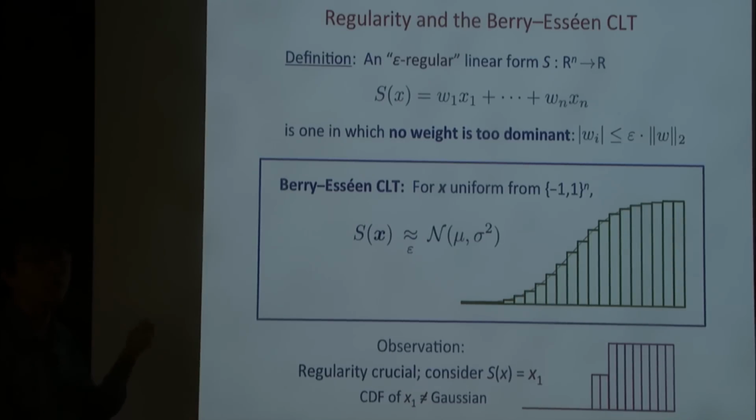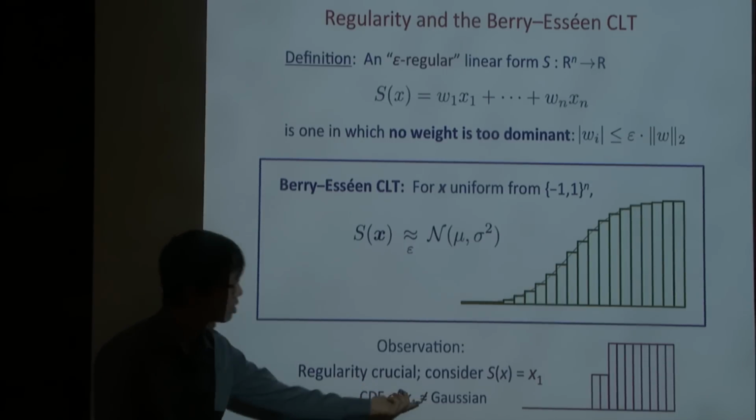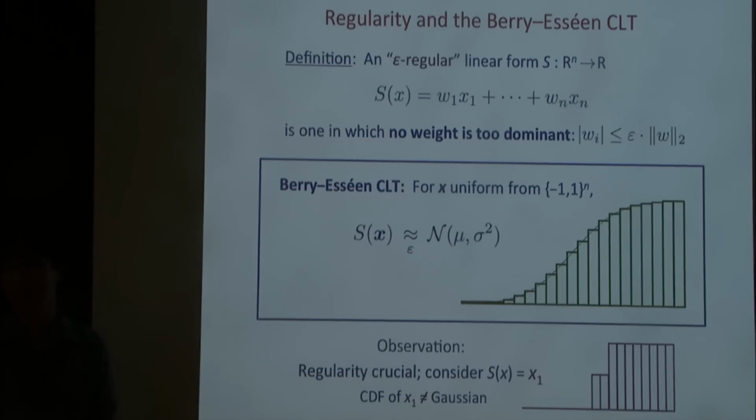Just w_1 is 1 and everything else is 0. And it's not hard to see that this just says that a random bit looks nothing like a Gaussian. So regularity, if you have seen proofs of the central limit theorem, really shows up in the proof. The fact that no weight is too dominant helps you converge to a Gaussian. But at least for this part of the talk, just assume that we're dealing with regular half spaces.